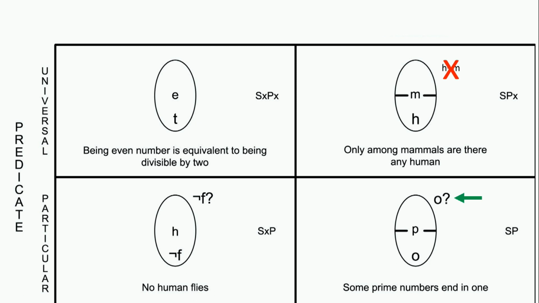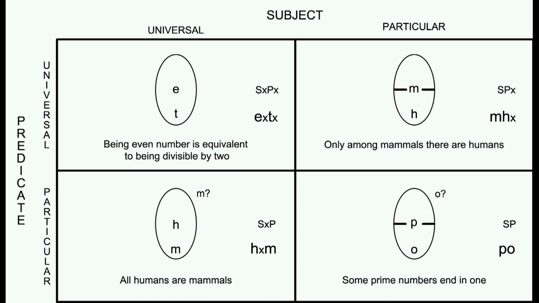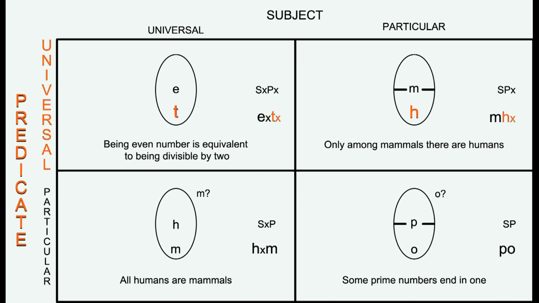However, in the proposition some prime numbers end in 1, the predicate is particular because we can still assume that there are numbers that end in 1 without being prime numbers. In the propositions with the particular predicate, the predicate is represented outside the model. In propositions with the universal predicate, that predicate only appears within the model.